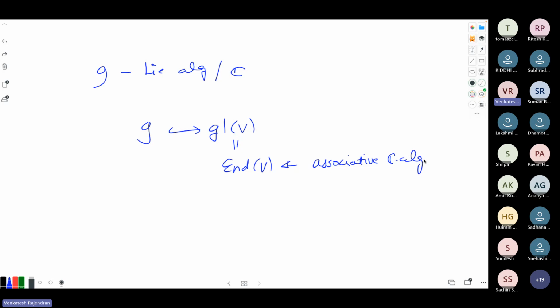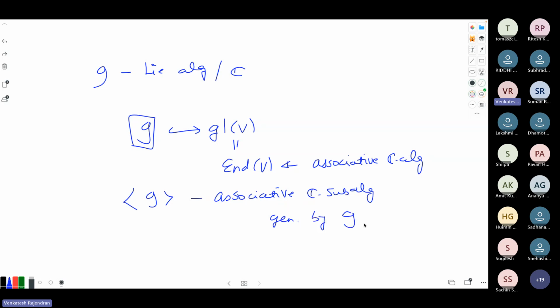Now, if we take this Lie algebra sitting inside gl(V), then naturally you can look at the associative C-subalgebra generated by g. This is already there, sitting just above g.